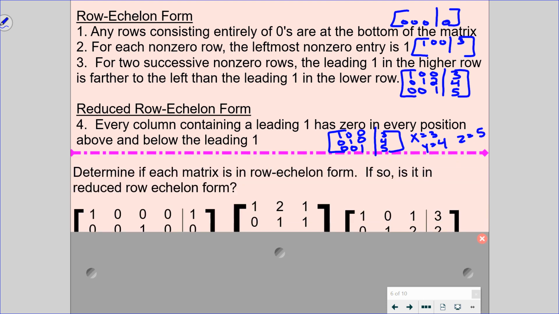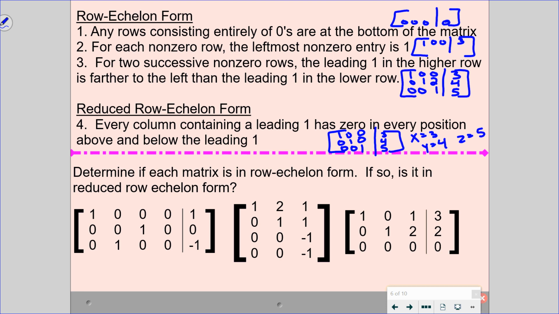So notice here that we're trying to figure out if this is in row echelon form or reduced row echelon form. Notice that the very first matrix has a 1 in the first row on the leftmost part, which is really good. All zeros after it, which is awesome. We could essentially find, in this case, that x is equal to 1. Awesome, really good. But there's one big rule that this is missing. This is not in row echelon form, okay?